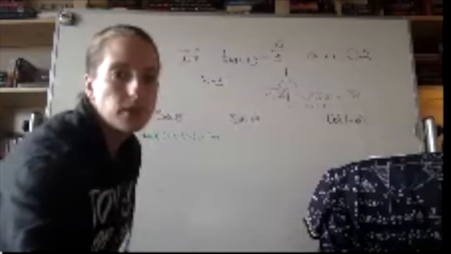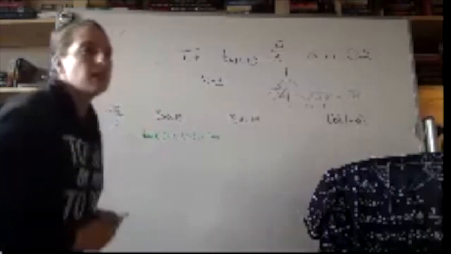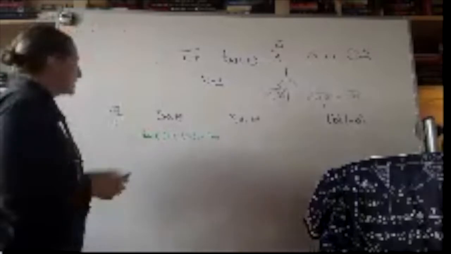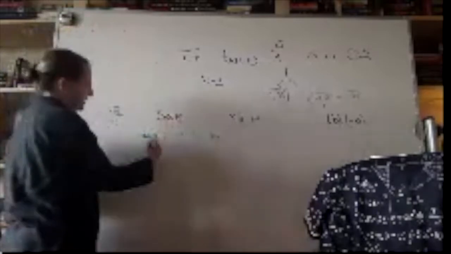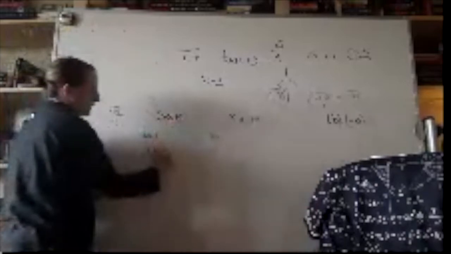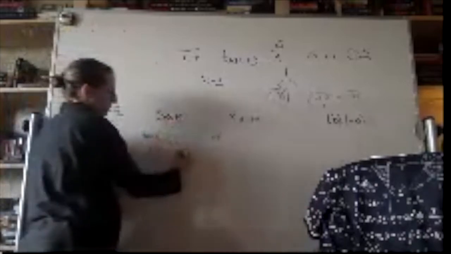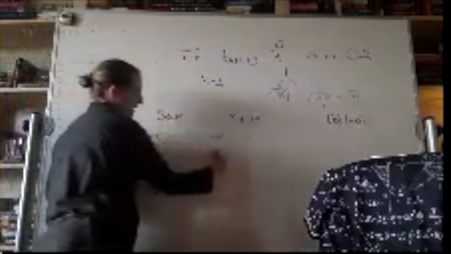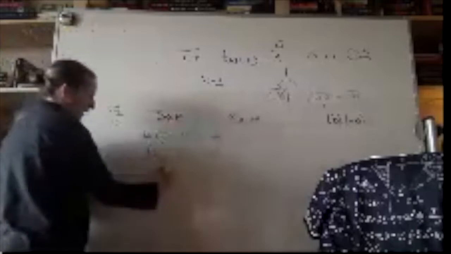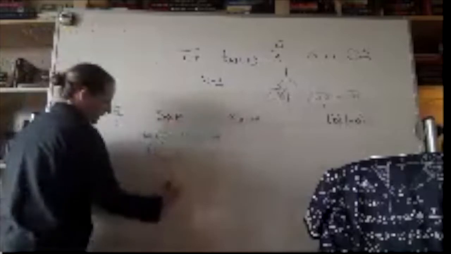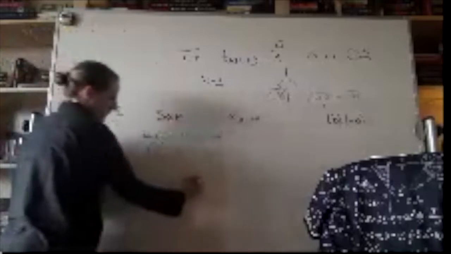So let's try and use this identity to solve for secant squared, or solve for secant. So our tangent is 5/3. So I'll have 5/3 squared plus 1 has to equal secant squared. Okay. 5/3 squared is 25/9 plus 1 equals secant squared.